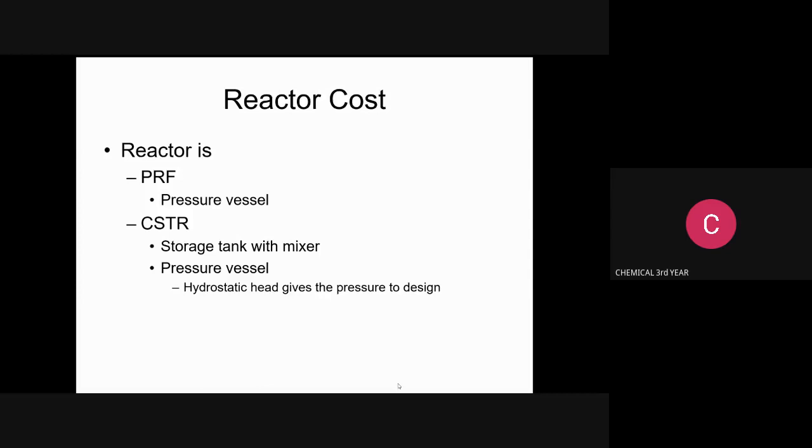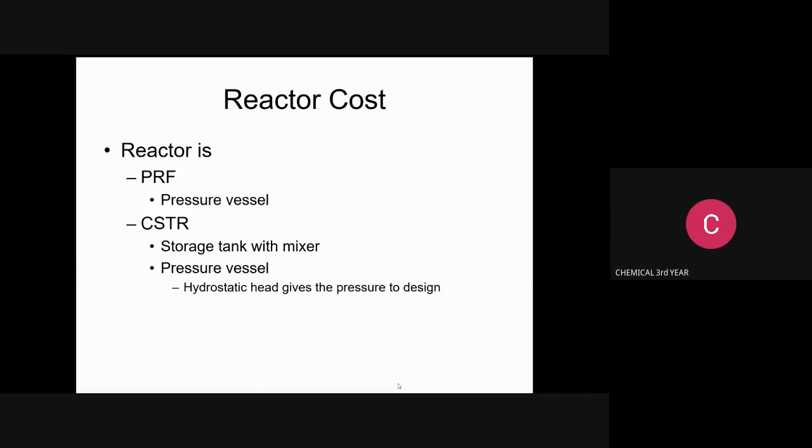How can we reduce the cost of the pressure vessel in the CSTRs? The pressure vessel is a very important one. Why? Because you already know the basic steps of the reactor process, which is the operating conditions. In the operating conditions, major roles are played by pressure and temperature.